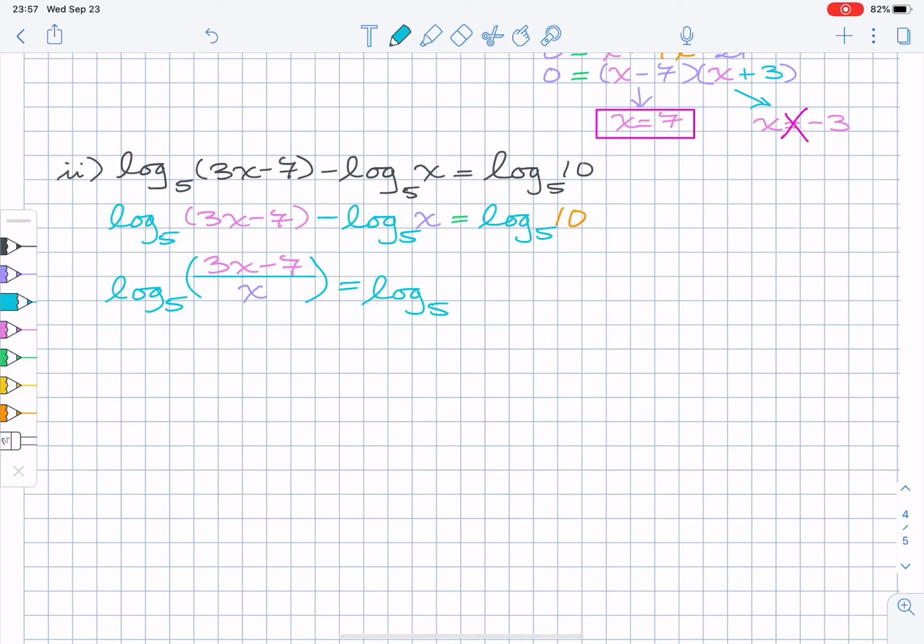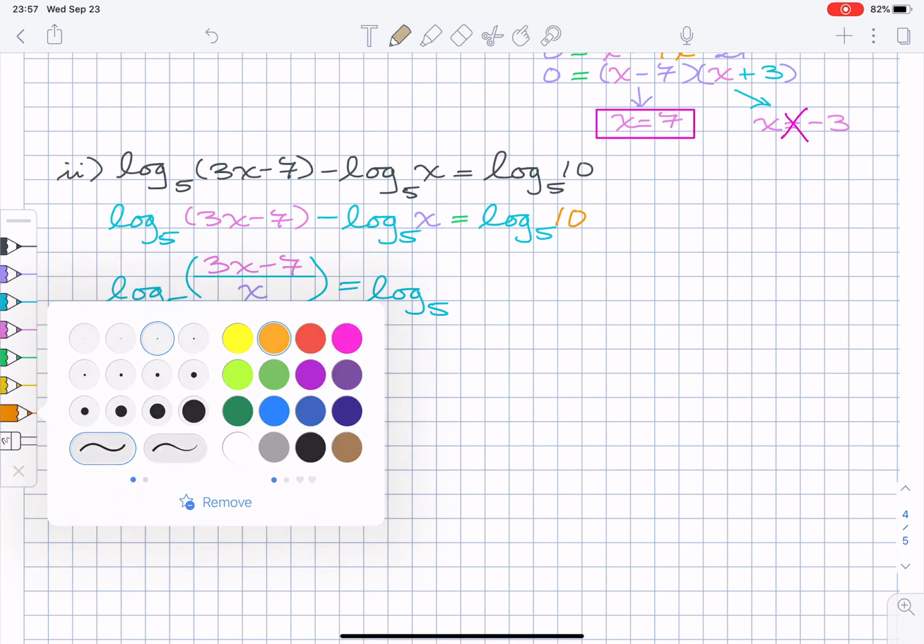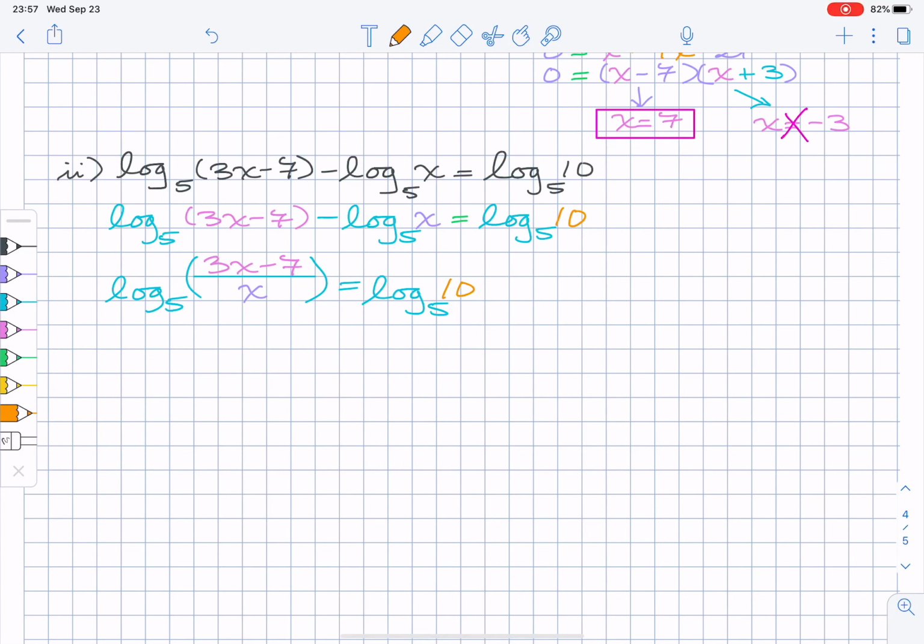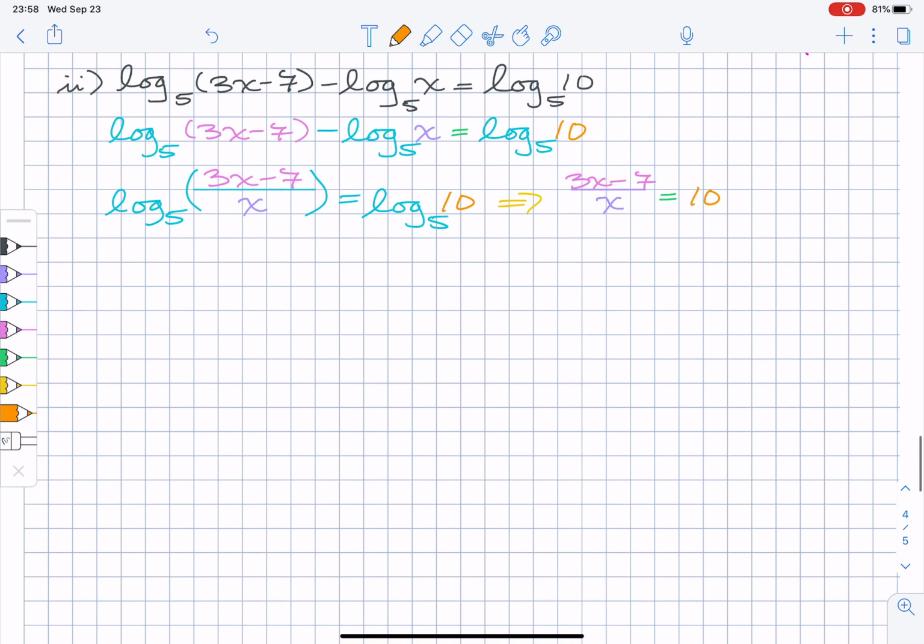Set that equal to log base 5 of 10, at which point I can use the one-to-one property of logarithms to equate the argument 3x minus 7 divided by x and 10. So this is equal to 10. So let's go ahead and multiply both sides of this equation through by x, giving us 3x minus 7 is equal to 10x.